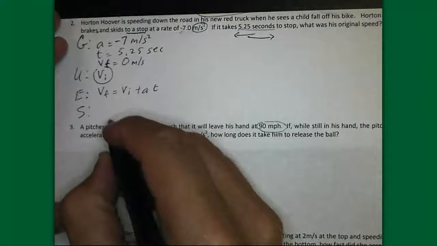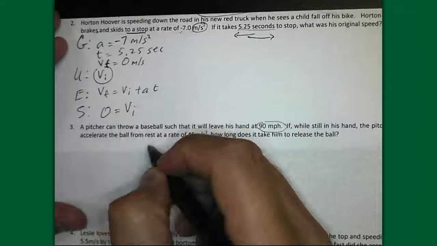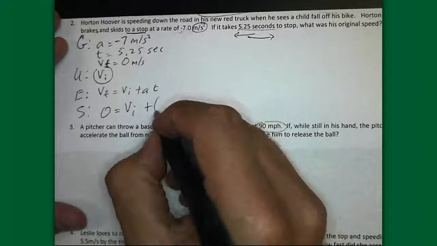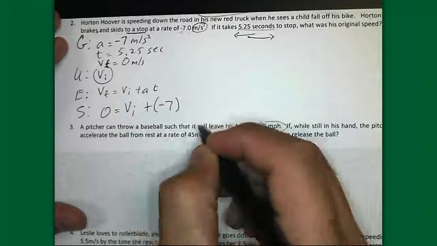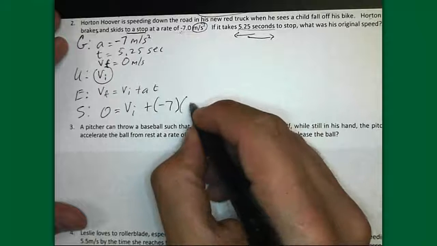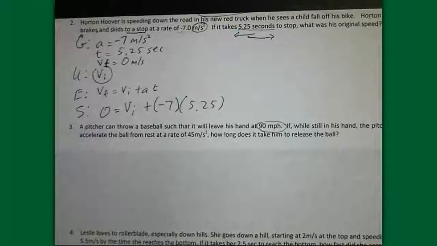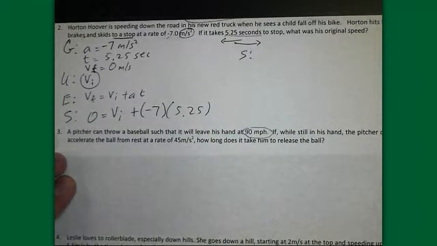First substitution. Final velocity is 0. Initial velocity is what I want to know. The acceleration is negative. I want to put the negative in here. The time is 5.25 seconds. Next is to solve this problem.